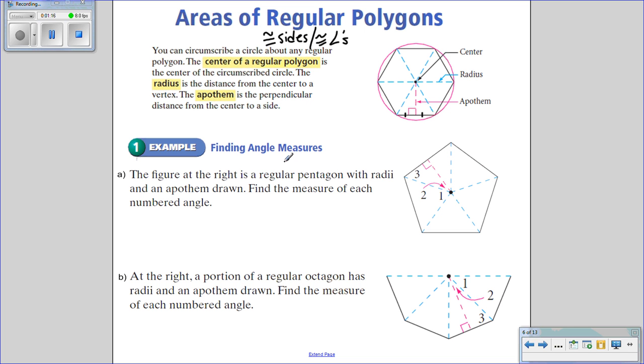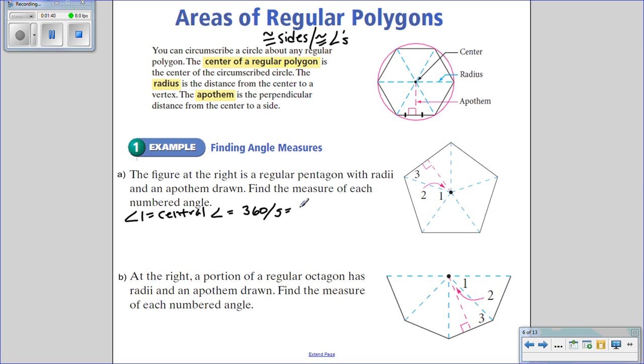So our first objective is to work with the angles that are created with radii and the apothem. Let's talk about angle 1 over here. Angle 1 is created by two radii. This is called a central angle. To find the central angle, we're going to simply take 360 degrees and divide it by the number of sides, in this case 5.